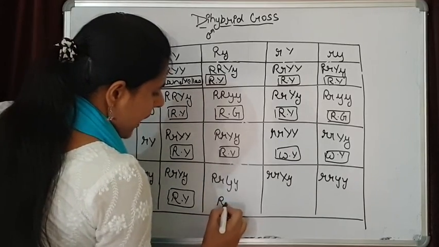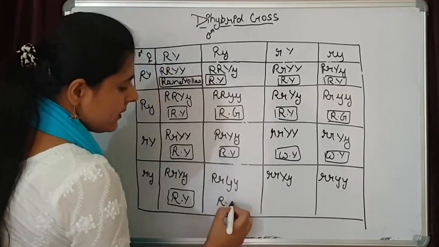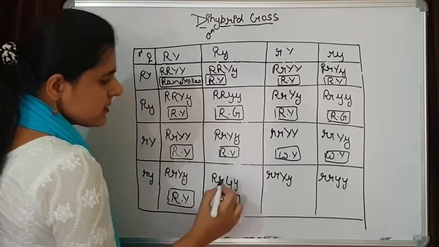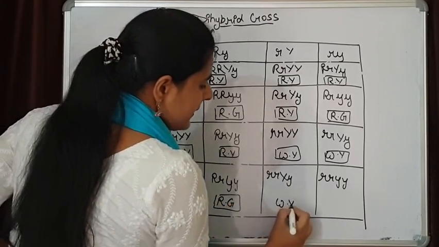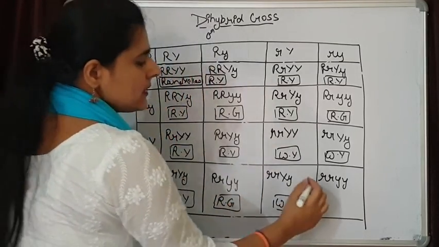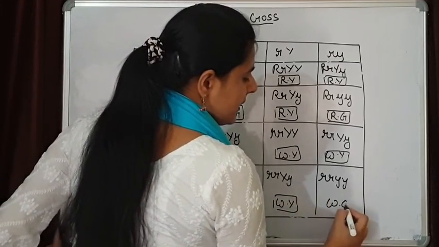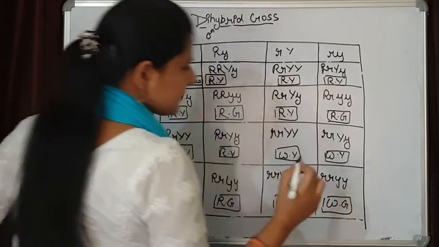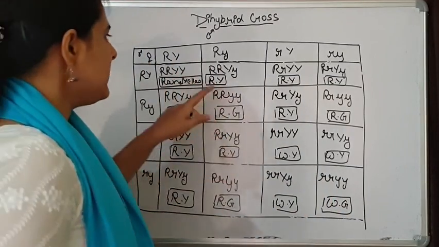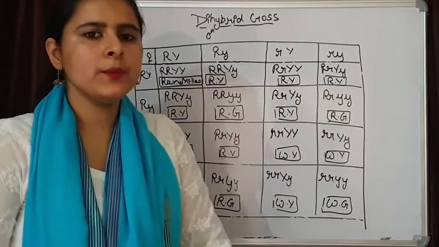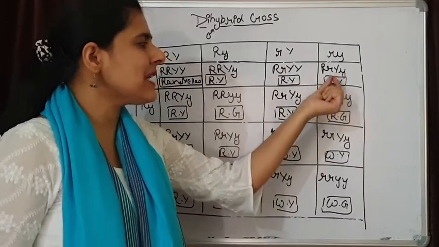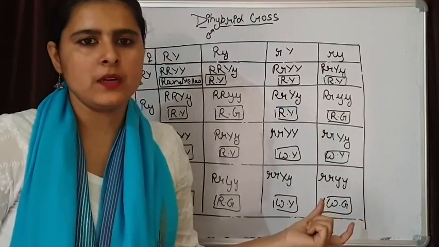This is round and green because Y is recessive. This is wrinkled and yellow, and this one is wrinkled plus it is green in color. The things which I have written in small boxes are the phenotypes of these plants.